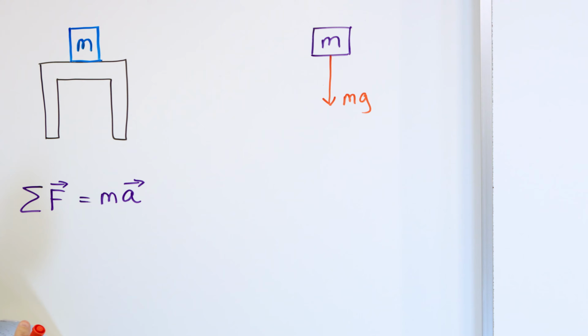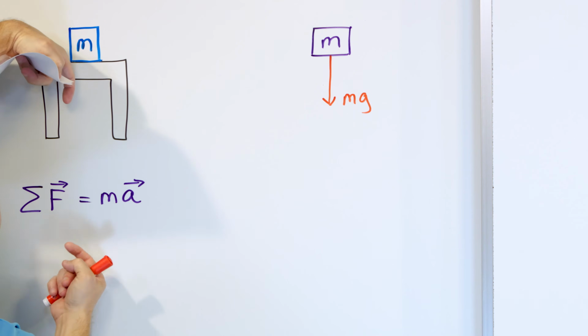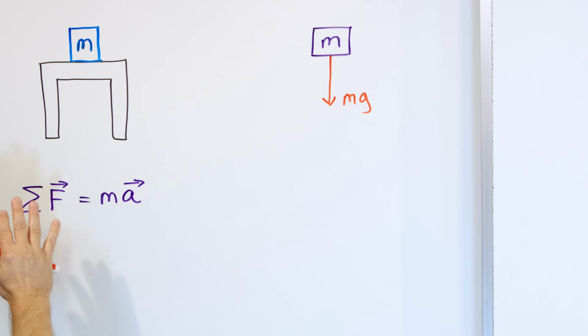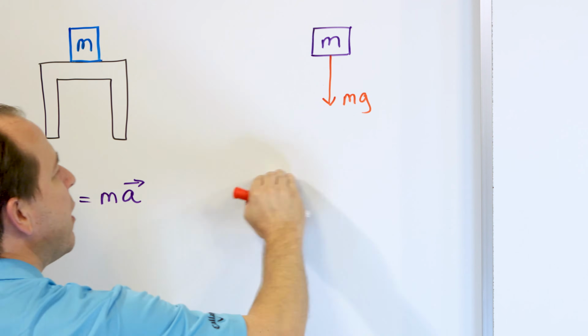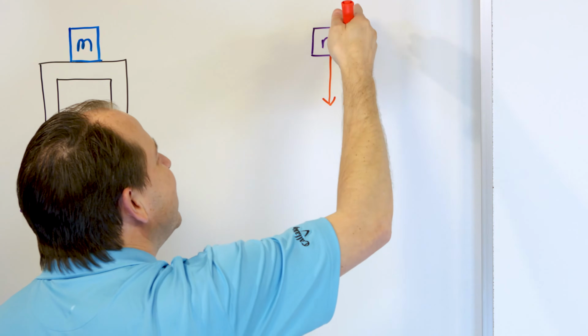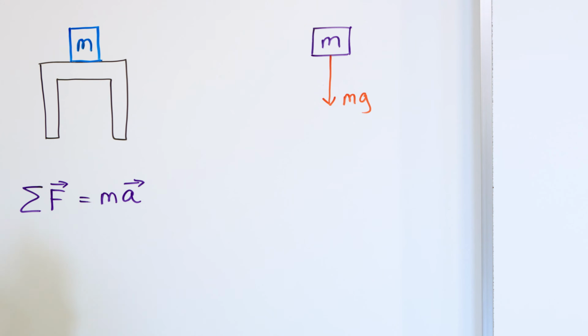But there's a partner force, a reaction force, where the box is pulling up on the earth. So one of those two forces is acting on the box and one of them is acting on the earth. They do not act on the same object. So in our free body diagram, we don't draw any forces that were acting on the earth because we only care about the forces acting on the box. So that's why we don't have any of those reaction forces, in this case acting on the earth.